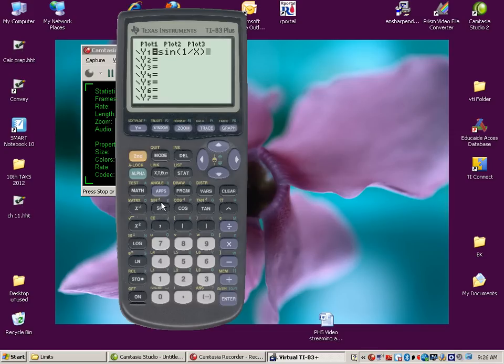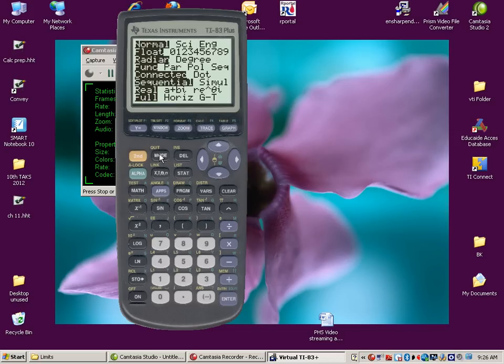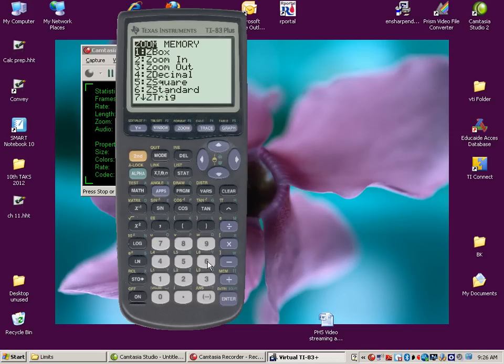So we have sine of 1 over x. I'm going to go ahead and be in radians mode, yes I am, and I'm going to hit zoom 6. All right, so we see some weird stuff going on around 0, so let's zoom in and check it out. I can see what the end behavior is, and it looks like 0, 0 is a point.